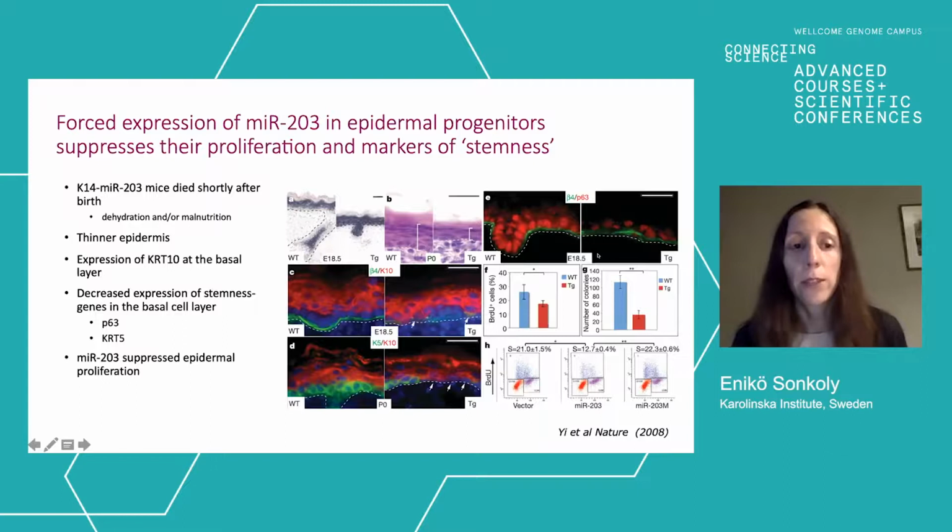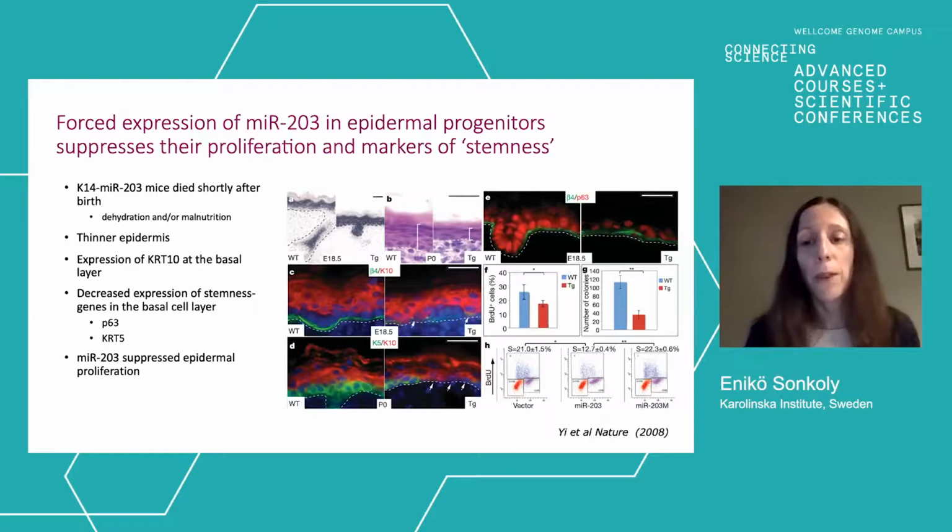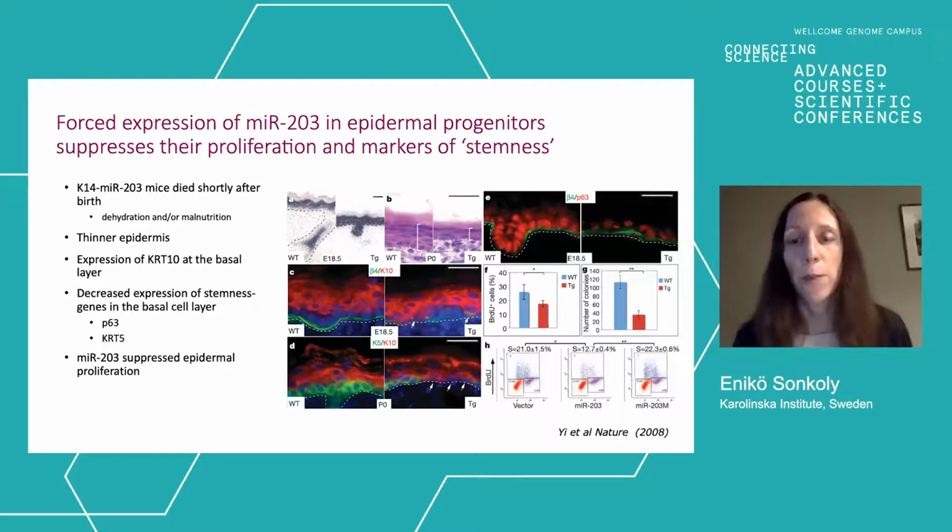So altogether, these results show that miR203 is a microRNA which is expressed specifically in the skin, specifically in the keratinocytes, and suppresses epidermal proliferation and promotes the differentiation of the keratinocytes. And it is very important for skin development and for the normal homeostasis of the epidermis.